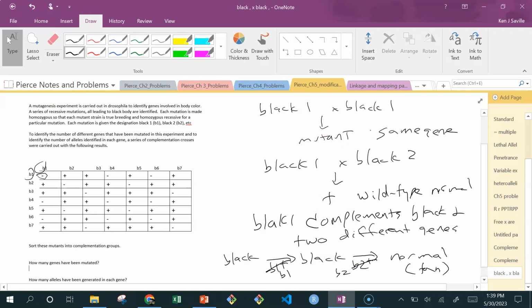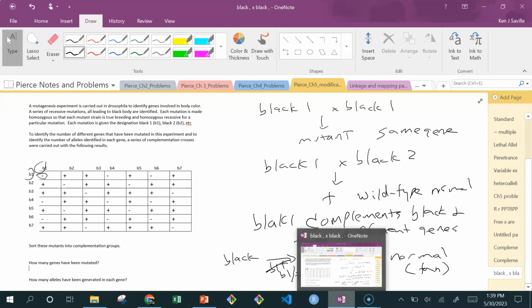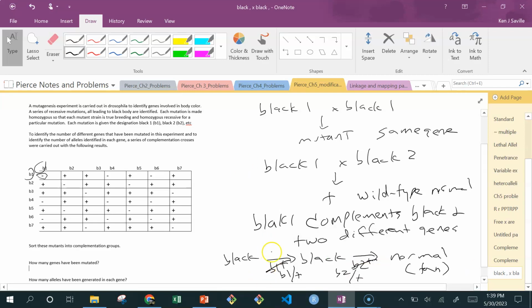But when they complement, it's because we're making this guy heterozygous for a normal version of its gene, and this one heterozygous for a normal version of its gene. So if that was the A gene and it would block it there, and this was the B gene and it blocked it there, when we cross them together, we end up with heterozygotes at both genes, and then it goes normal.